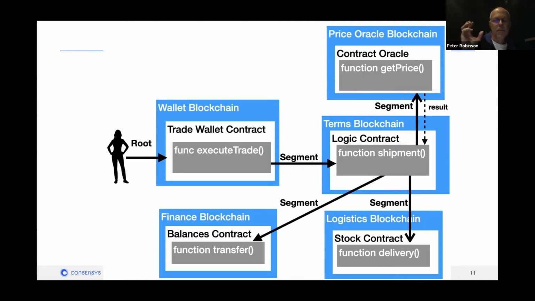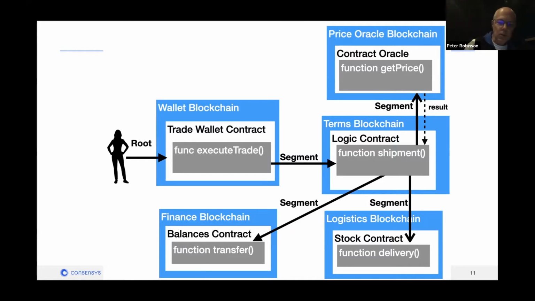And so you might have to pay for access to that blockchain, or maybe it's a public one. You've then got the finance blockchain and the logistics blockchain, where you've got the people involved in finance, the banks, the vendors, and then the logistics, you've got people involved in the actual supply chain logistics.